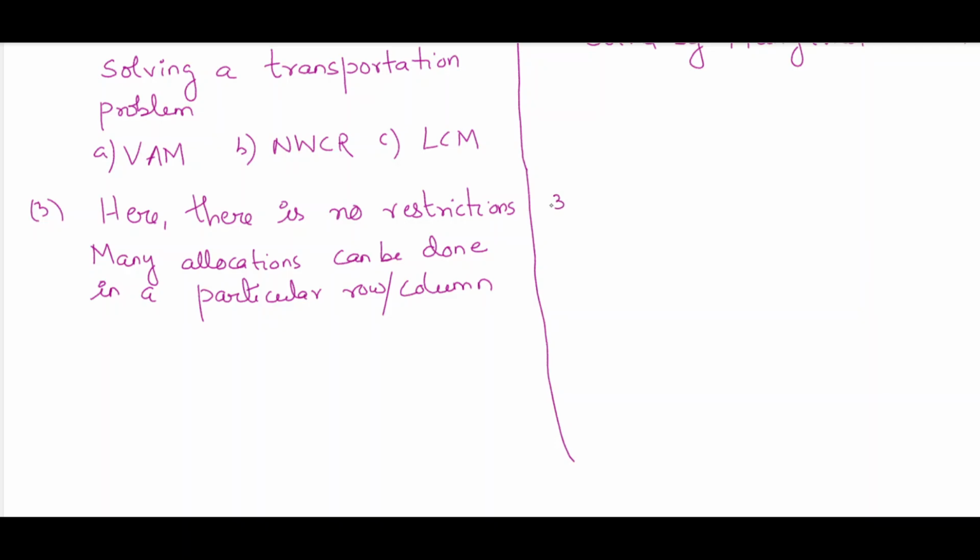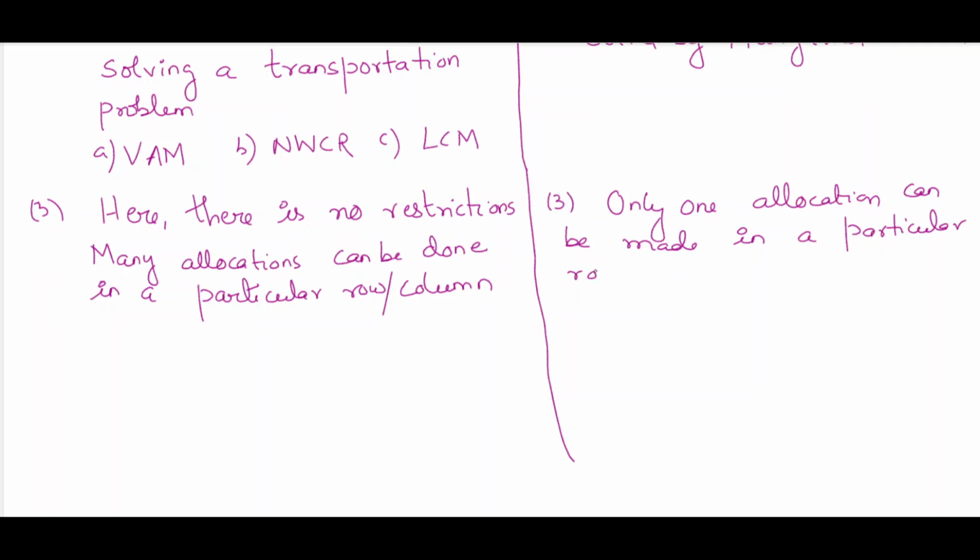However, in an assignment problem, only one allocation can be made in a particular row or in a column.